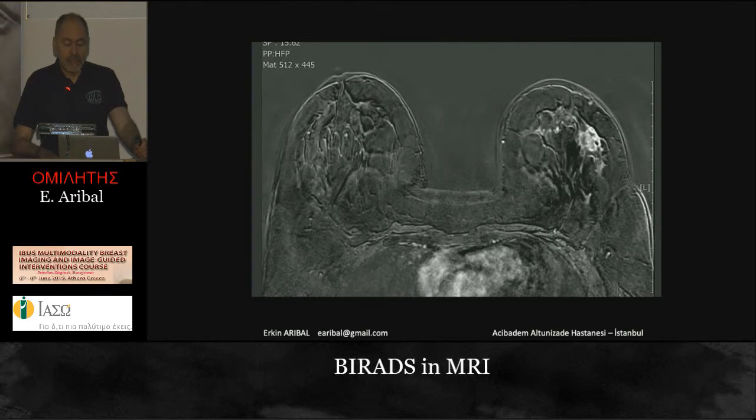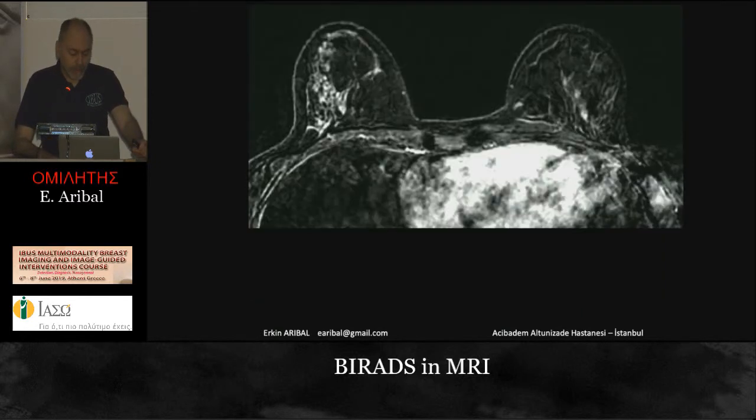Here is another case. It looks like asymmetrical background parenchymal enhancement, but when you look at it, you see distortions around the parenchymal enhancement. So it's a malignant enhancement. As Dr. Mendelsohn told you before, you should also keep an eye on the structures around the mass or the enhancement you see.